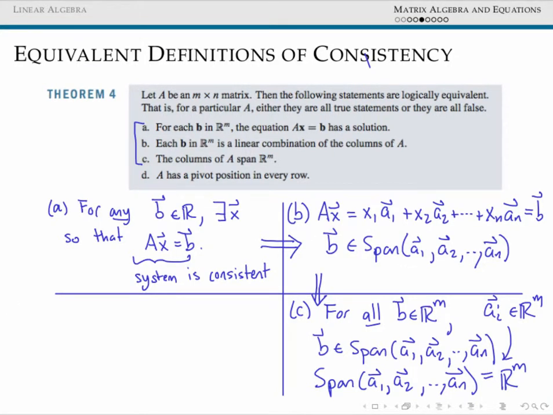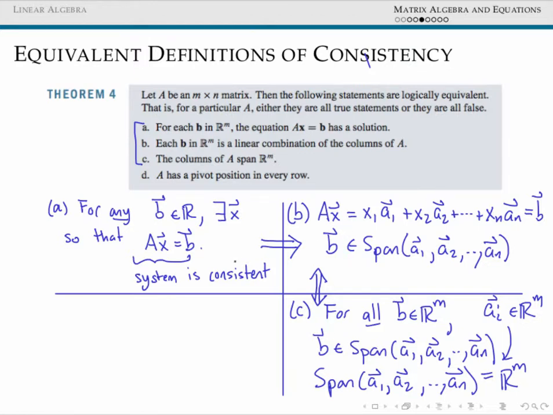If you look at this carefully, you might notice that conditions B and C, we can actually easily get back from assuming condition C, that the span of our column vectors is the entire vector space R^m. That immediately gives us that for some particular choice of b inside R^m, b must be in the span, since if the span is every vector, in particular it has this one.